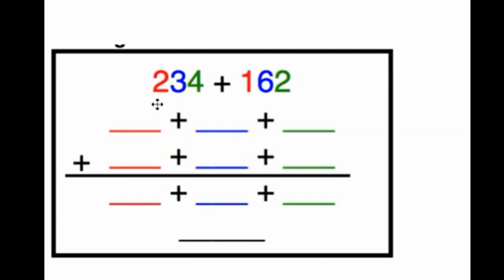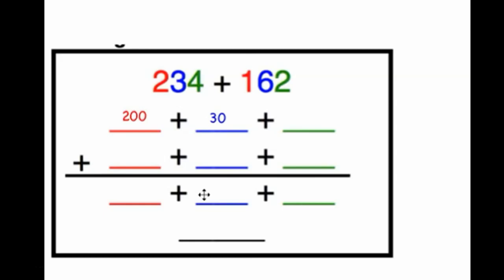What is the value of the digit 2 in the hundreds place? Because we're super smart mathematicians, we know that the digit 2 in the hundreds place has a value of 200. What is the value of the digit 3 in the tens place? That digit 3 in the tens place has a value of 30.